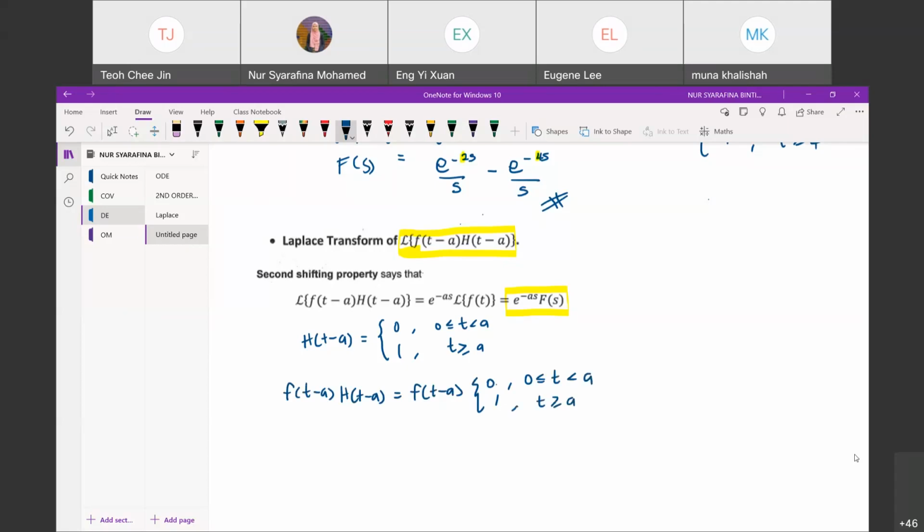Right, so if h(t minus a) is this, then f(t minus a) h(t minus a) is this. So transforming this will give you, by definition, we want to prove this.